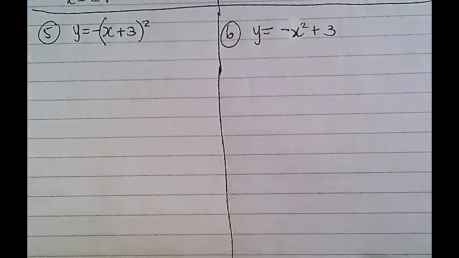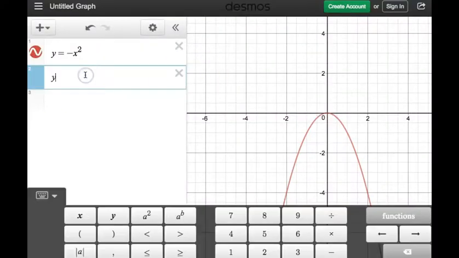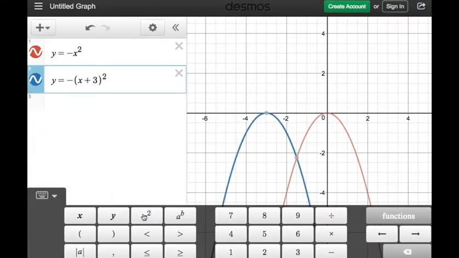What does y equals negative x squared look like? Do we know? Let's look at y equals negative (x plus 3) squared. It is the negative x squared curve. Inside the bracket is the sideways shift, 3 units to the left.